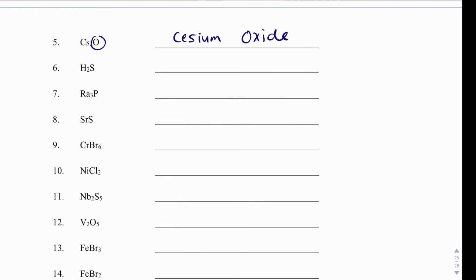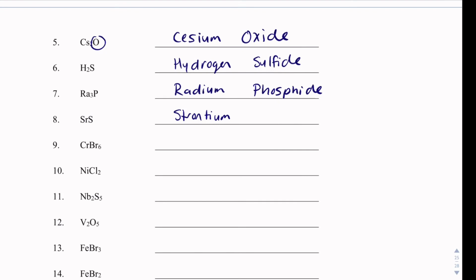On 6, I have hydrogen. And then I have sulfide. On 7, I have radium. And then I have phosphide. And we're going to see an exception here in just a second. On 8, I have strontium. And then I have sulfide.